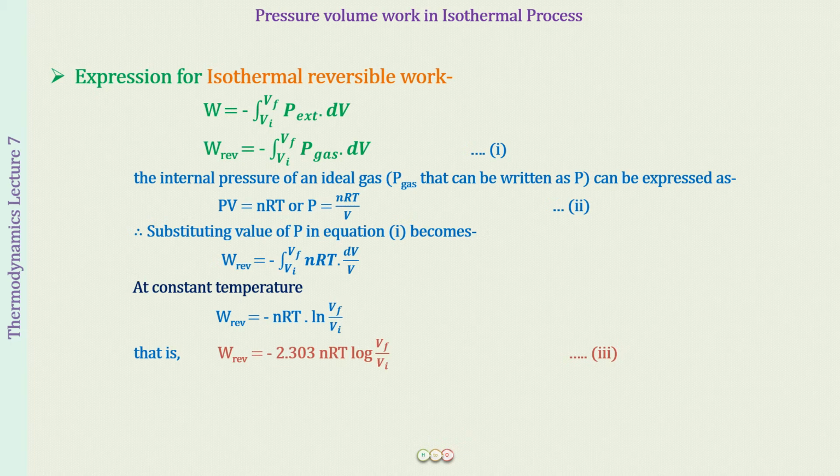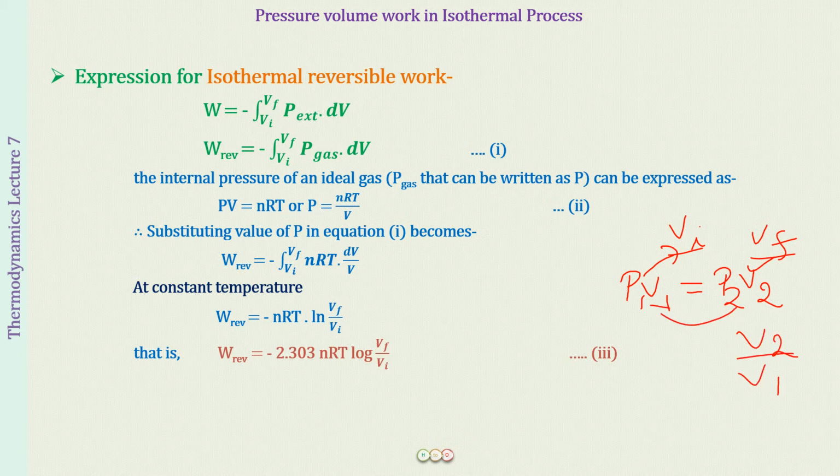From Boyle's law, what you know is that for an ideal gas at constant temperature, P1 V1 is equal to P2 V2. If V2 is V final and V1 is V initial, we want V final over V initial, that means we want V2 over V1. So P2 will be going to this side, and what we will be getting is P1 over P2 is equal to V2 over V1.